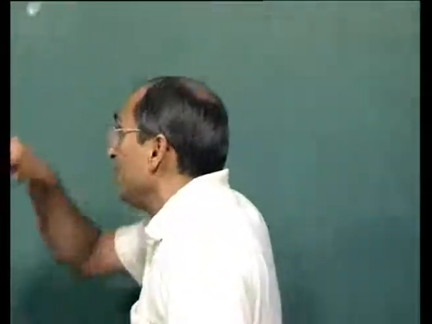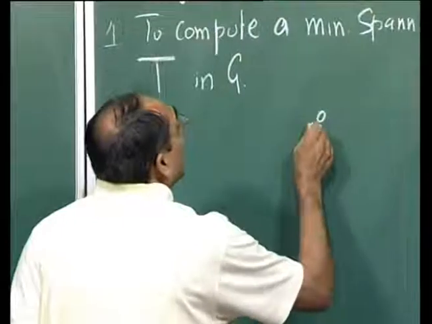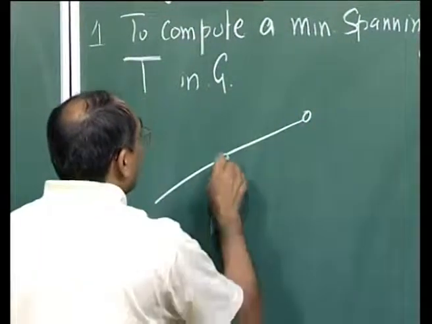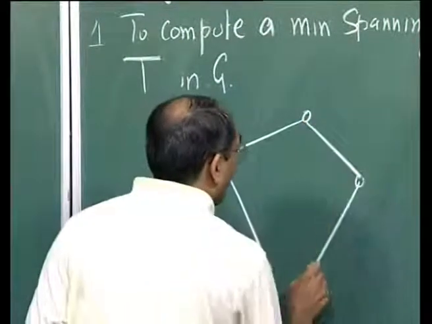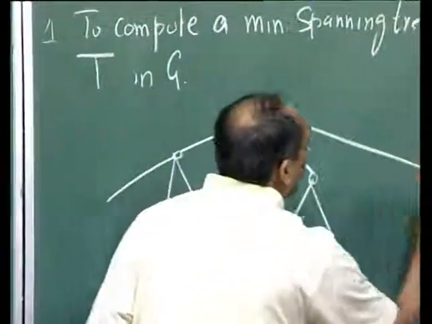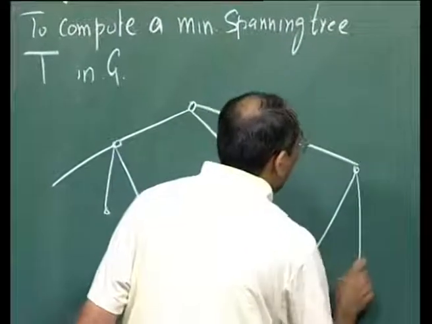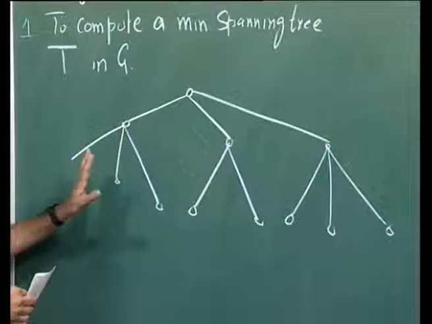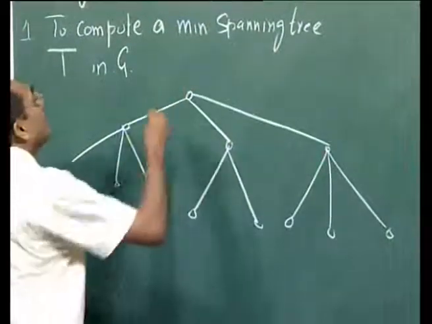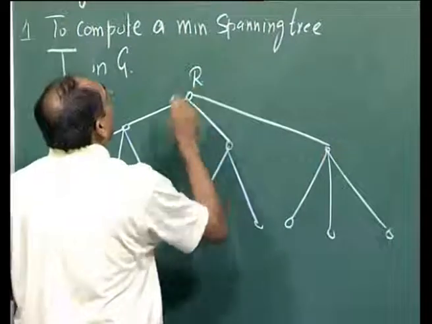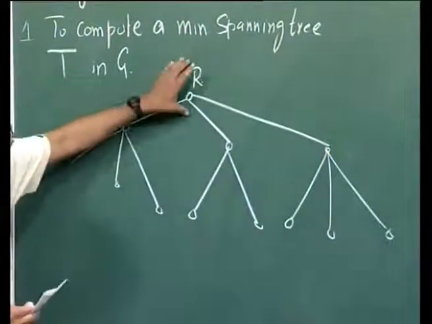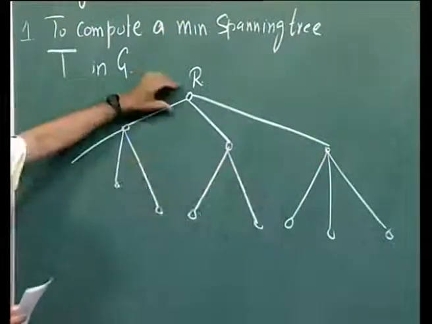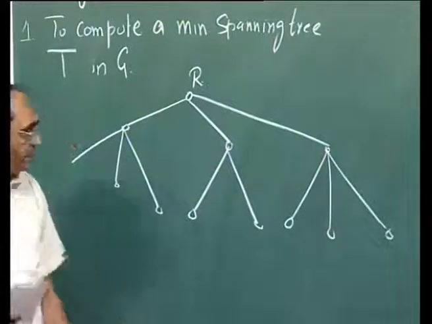Okay, so let us suppose we have some tree, but I am drawing this tree with a particular objective. I am picking any one vertex and calling that the root. So, we draw the tree in that fashion where the root comes first and then it just falls down.